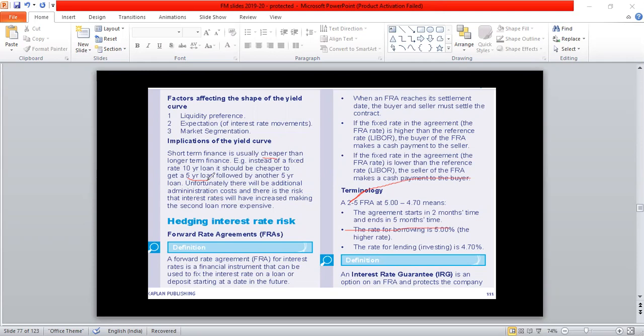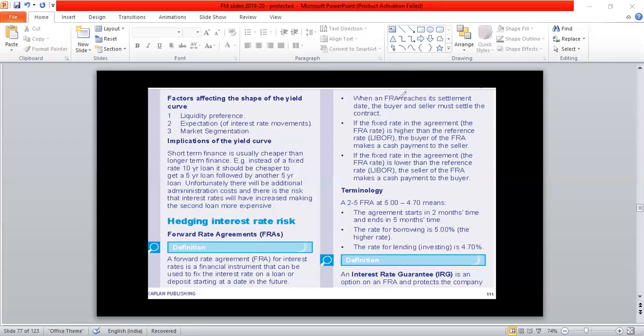Now, what is the meaning of hedging interest rate risk? First one is entering into forward rate agreements. A forward rate agreement for interest rate is a financial instrument that can be used to fix the interest rate on a loan or a deposit starting at a date in the future.